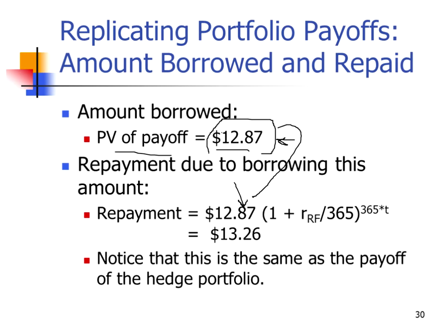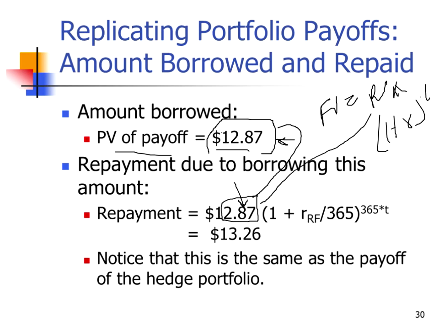You've borrowed these funds, you would have to return them at a future time, and that follows the future value formula, which is present value multiplied by 1 plus R raised to the power T. So in this case, present value is this 12.87, the amount that you borrowed, multiplied by 1 plus R. So you got money at 6% for 182 days on a daily interest rate. Let me show you how to calculate that.